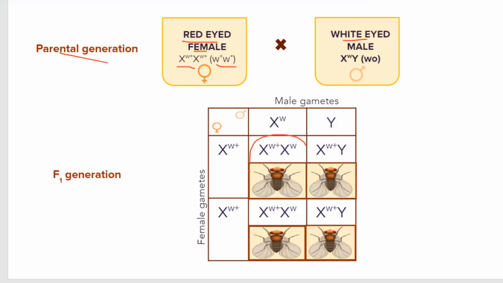These are all the females. So in this Punnett square, all the females are red-eyed, and all the males are also red-eyed.